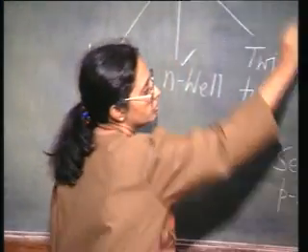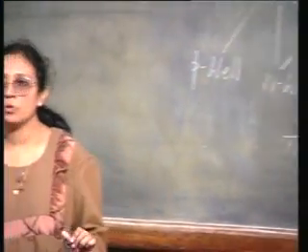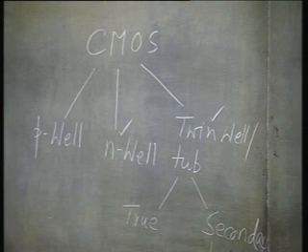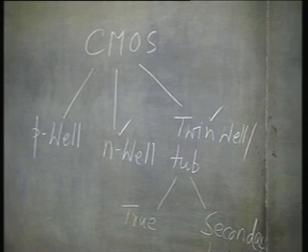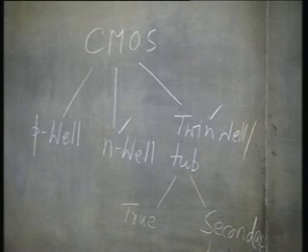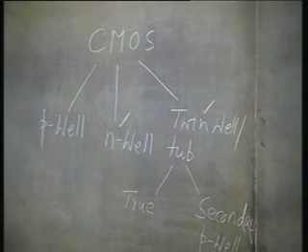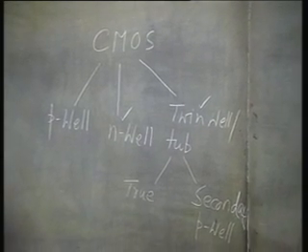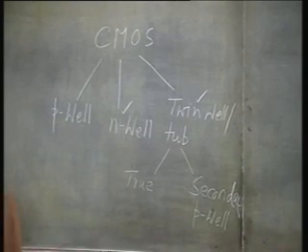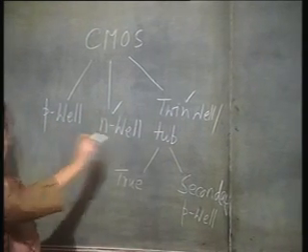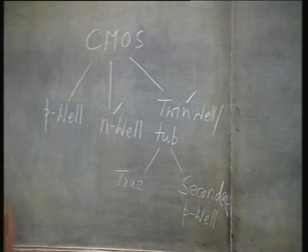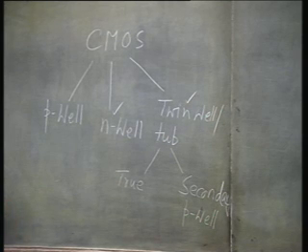Now, as far as the CMOS technology is concerned, these two are the most important techniques today. Previously, because NMOS was the dominating device, the most widely used MOSFET, we used Nwell technology, which was compatible with the NMOS process flow.